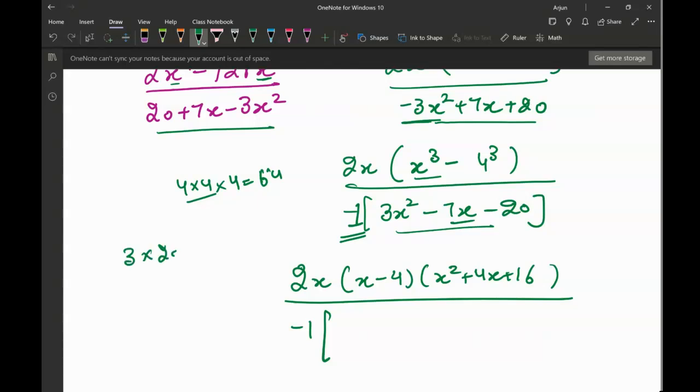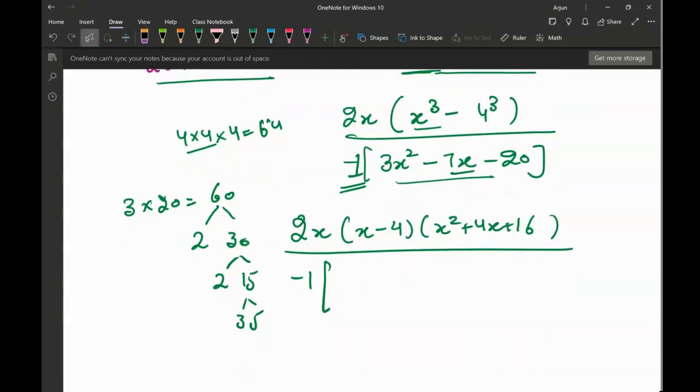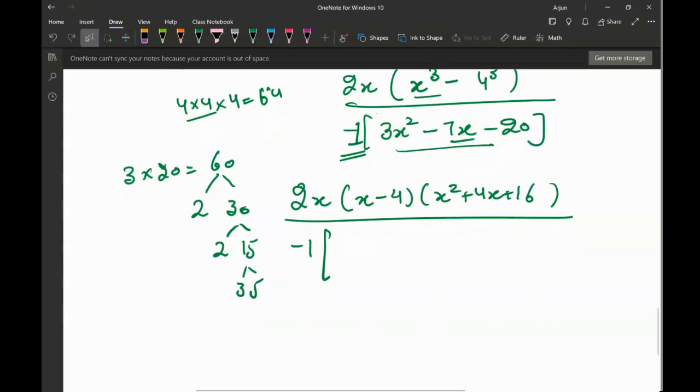Now for this one, what will be the factors? 3 times 20 is 60. So factors of 60 are 2 times 30, 2 times 15, 3 times 5. Does 4 and 15 make the answer 7?